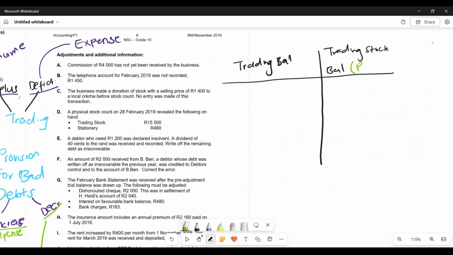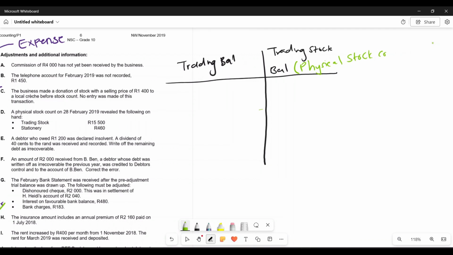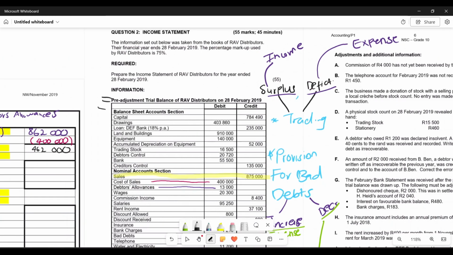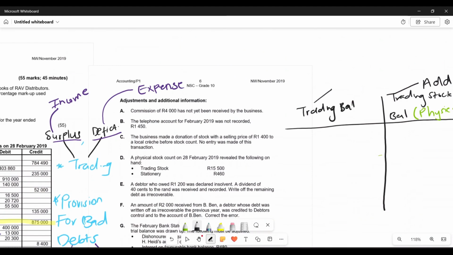So this is your trading stock balance from your physical stock count. Now, where would you find this trading stock balance from your physical stock count? You're going to find it from your additional information. What about this trading stock balance? You're going to find it on the list of balances you are given, basically this table right over here, right? So you're going to find it on the list of balances you are given.